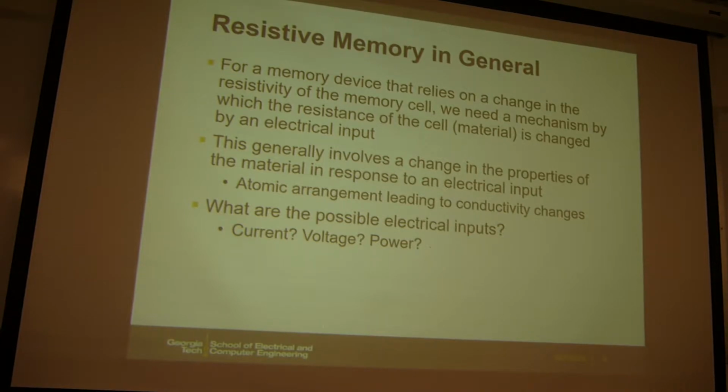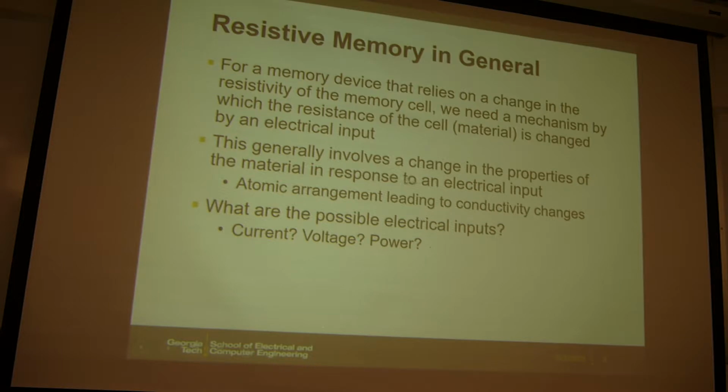And resistive memory. As I discussed, there are many mechanisms to change the resistance of a material. If you do that, then the memory cell will be based on the resistance, and sometimes we call it resistive memory in general. So we need a mechanism to change the resistance of the cell, or the material of that cell, by electrical input.